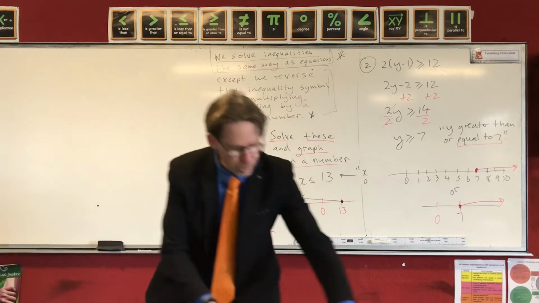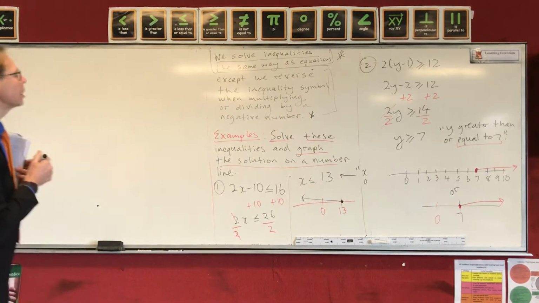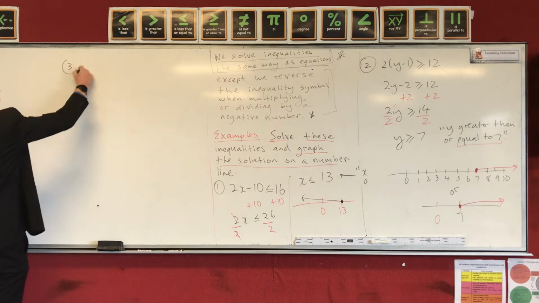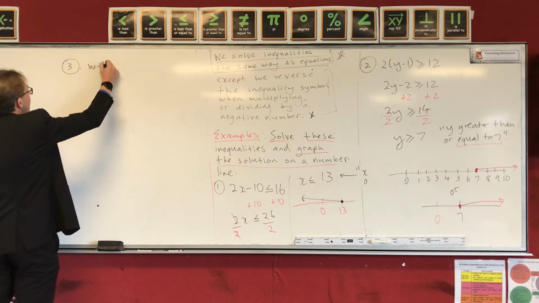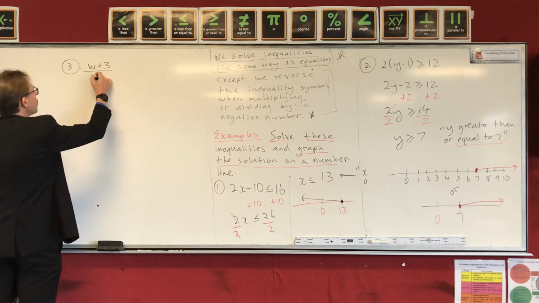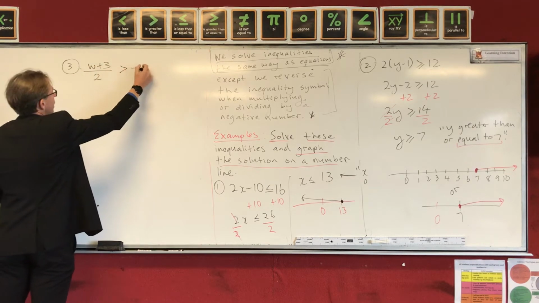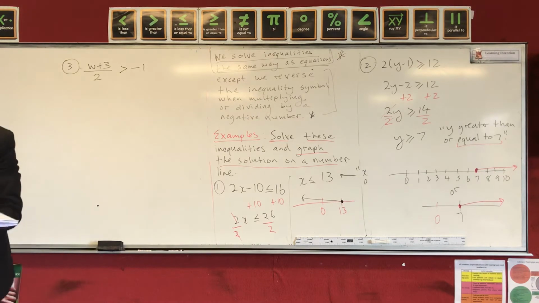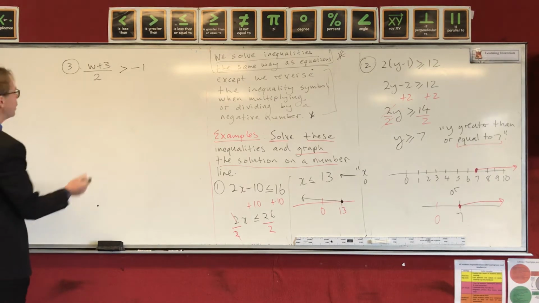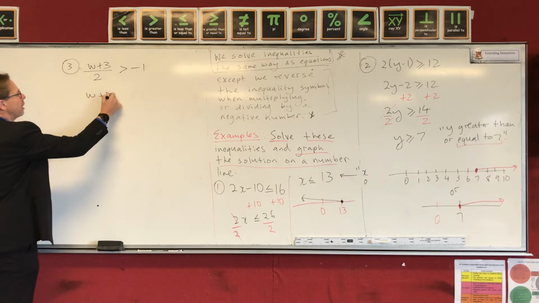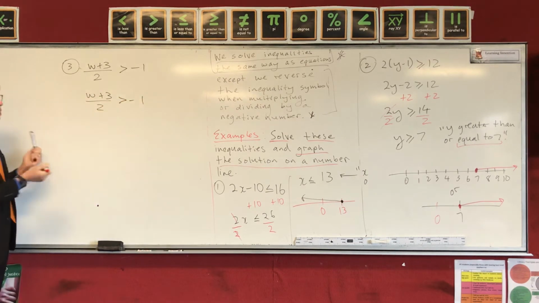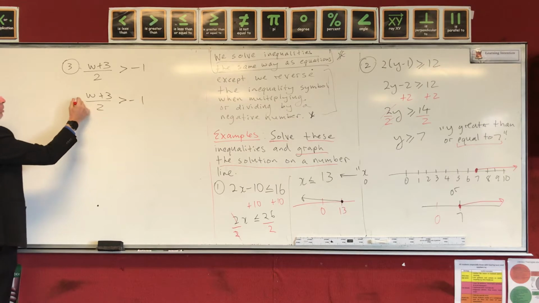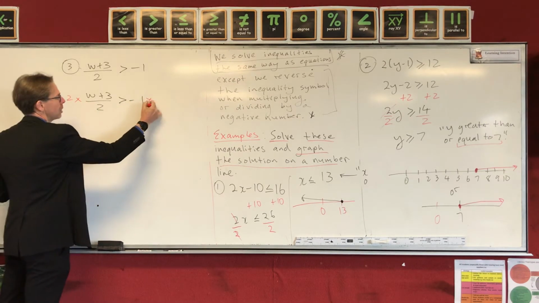Okay, so question 3 starts off with w plus 3 over 2 is bigger than negative 1. Okay, now I'm just going to write the question down again, and then I'm going to get rid of the divide by 2 by multiplying by 2.